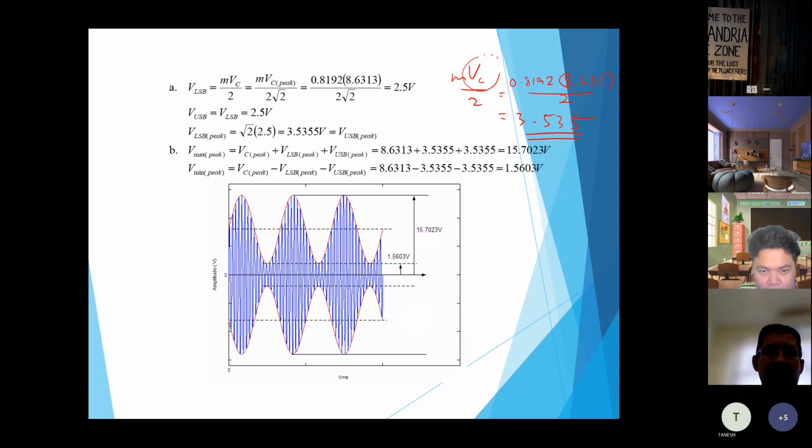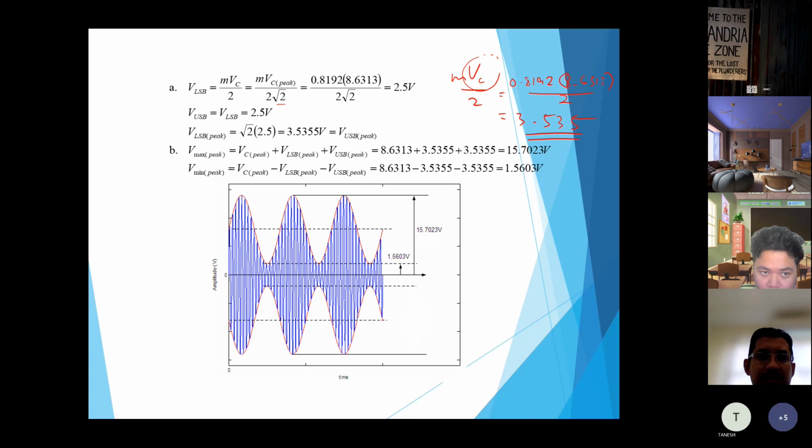So jangan confuse dengan benda ni ada square root ni, tak perlu confuse. Kalau kita nak cari dalam sebutan peak amplitude, maknanya semua dalam peak amplitude, VC dalam peak. Okay. Kalau kita nak cari dalam sebutan RMS, maka VC mesti dalam RMS. So senang, simple as that. Okay.